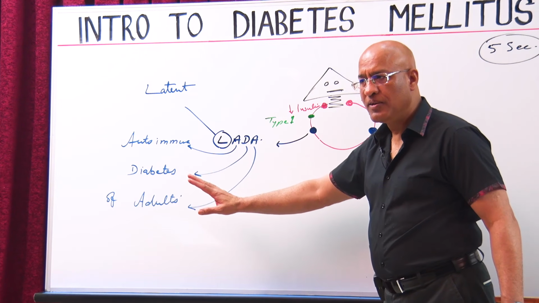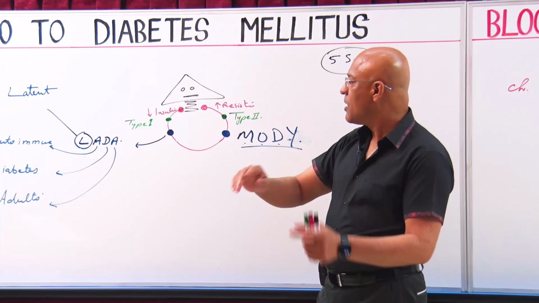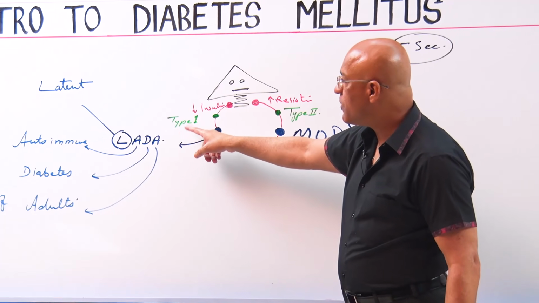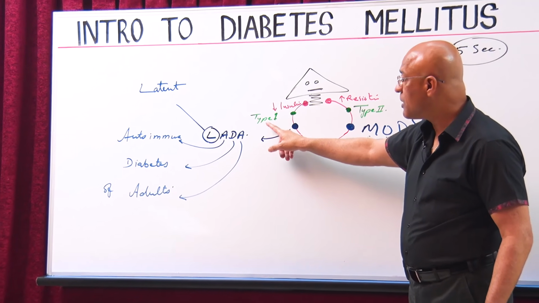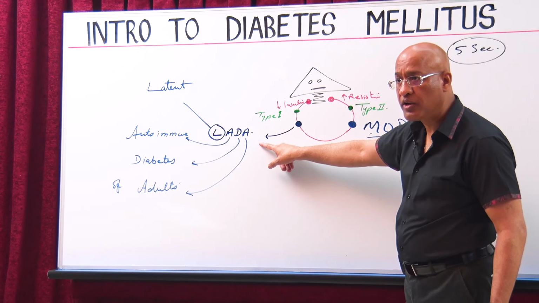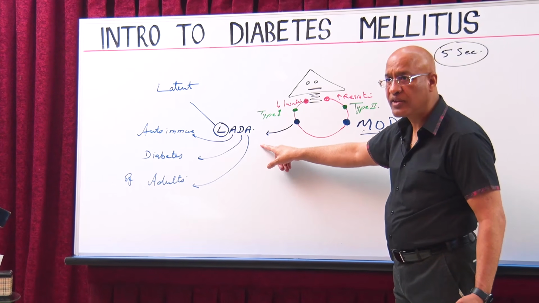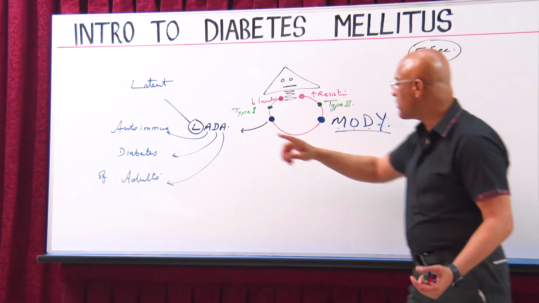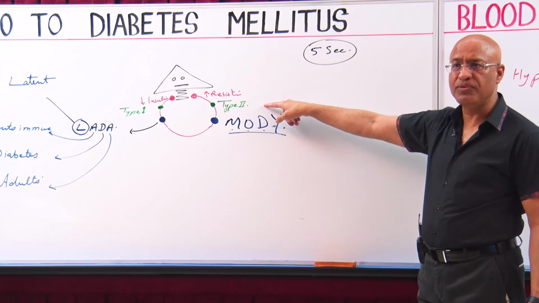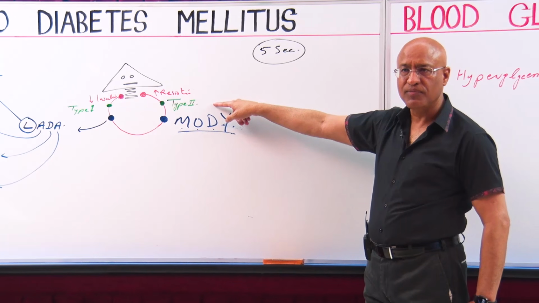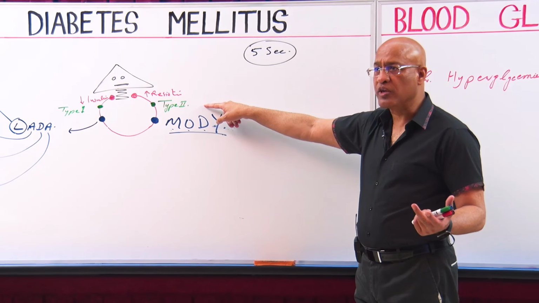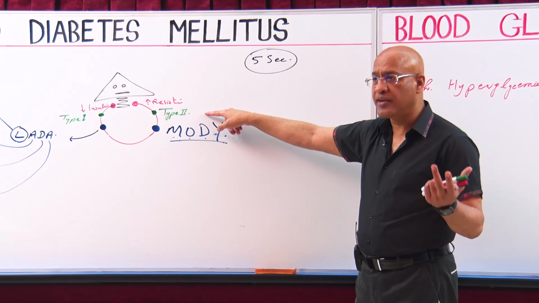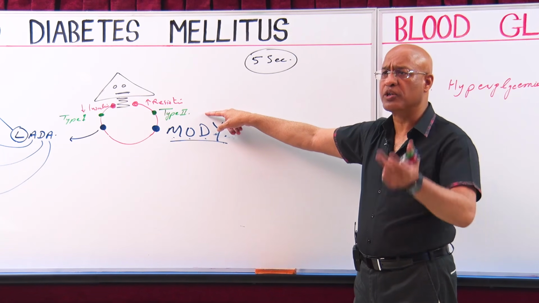Is that right? So another way we can say the real difference between type 1 and LADA is that both of them are due to extreme deficiency of insulin, but one is at younger age and the other is at adult age. Now we come to the other end. Every doctor knows about type 2 diabetes. And every doctor knows that most of the type 2 diabetes patients are at older age, usually 35, 40 plus.